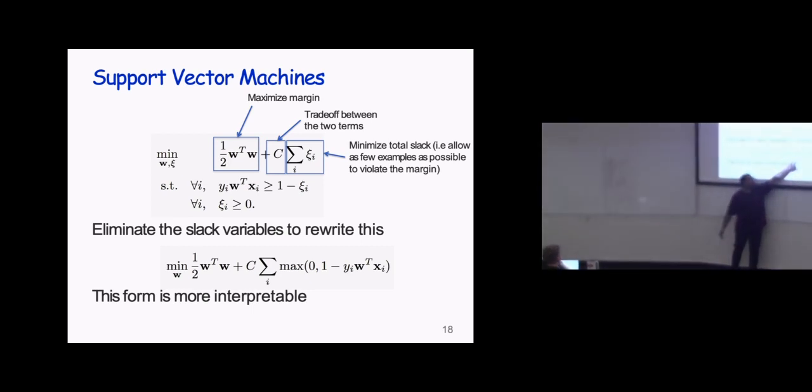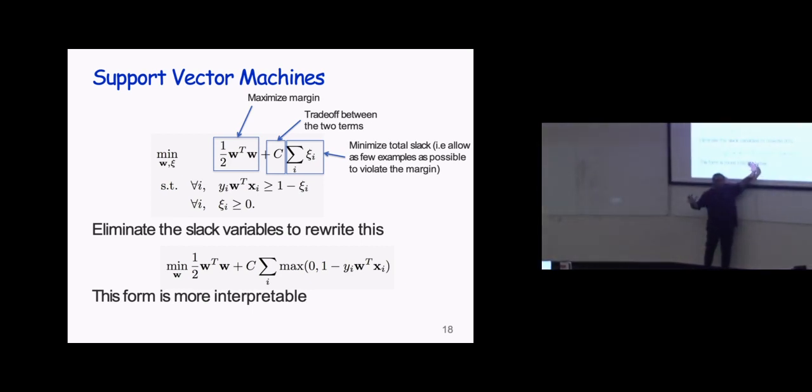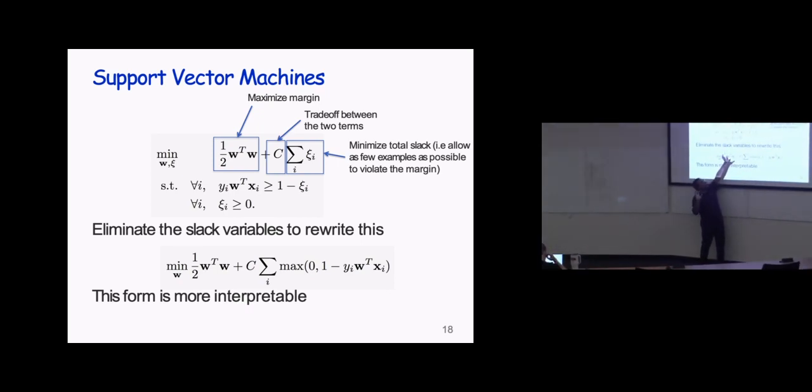We will see how we can solve that. But the good thing is now, instead of a quadratic function and some constraints, we have a single function. If we can compute the gradient of this, we can do gradient descent. That's the point. The challenge is max is not differentiable. So computing the gradient of max is a problem. All right.